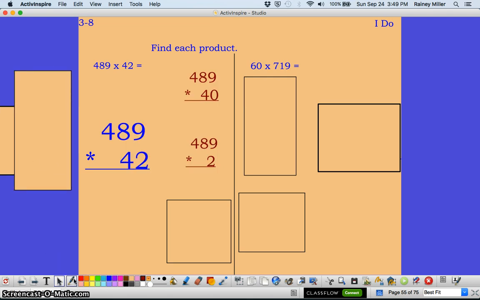So I take this first one and I'm going to do my zero trick with this one. 4 times 9 is 36. So I write my 3 and I write my 6. Okay? Then I take 4 times 8. 4 times 8 is 32 plus 3, that's going to make that 35.